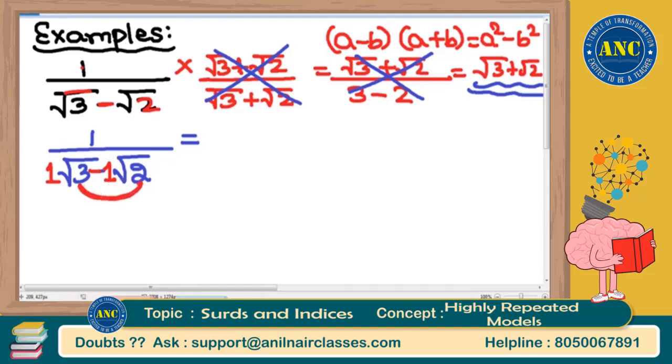That means what is 3 minus 2? 3 minus 2 is 1. That should be the denominator. If the denominator is 1, it makes no difference whether you write the denominator or do not write it. Now numerator will be, because here you have minus, the numerator will become plus. And whatever the term which is there in the numerator, multiply with that. The term which is there is 1. So multiply with that 1.